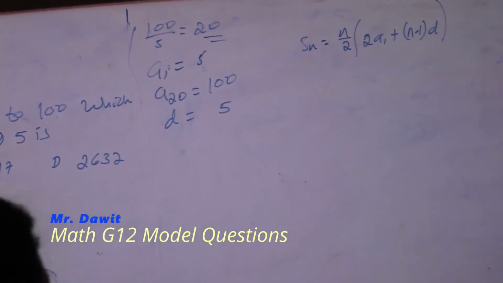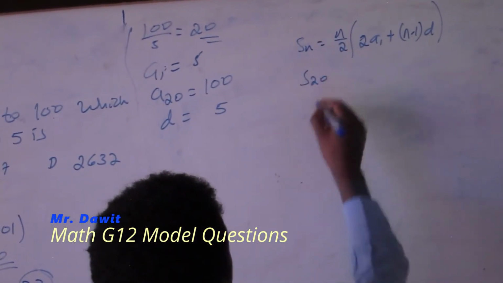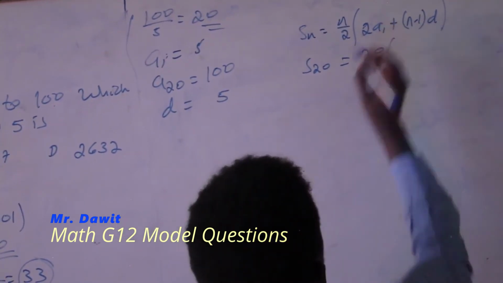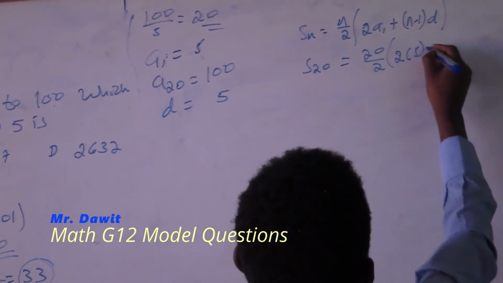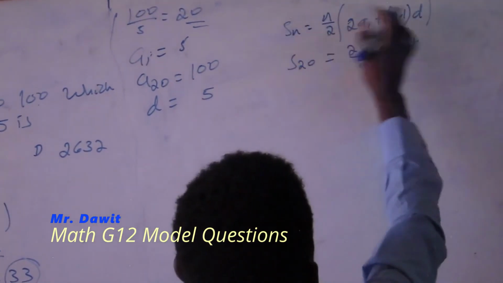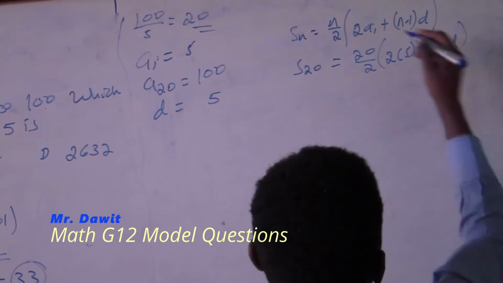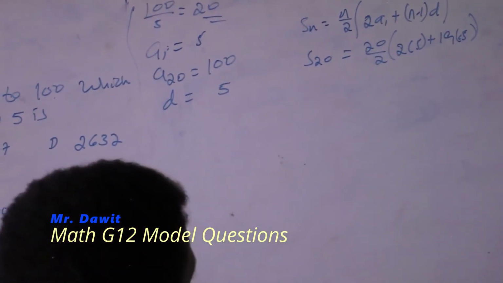So all the numbers are known. n is 20, so the partial sum S20 is equivalent to 20 over 2 times (2 times A1, which is 5, plus n minus 1, which is 19, times 5, because d is already found).